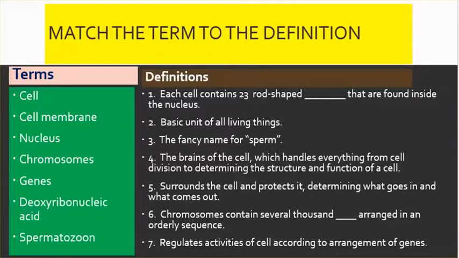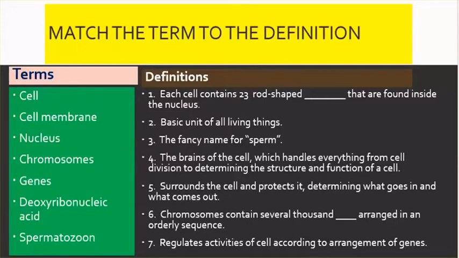Definitions. Number 1. Each cell contains 23 rod-shaped blank that are found inside the nucleus. Number 2. Basic unit of all living things. Number 3. The fancy name for sperm. Number 4.